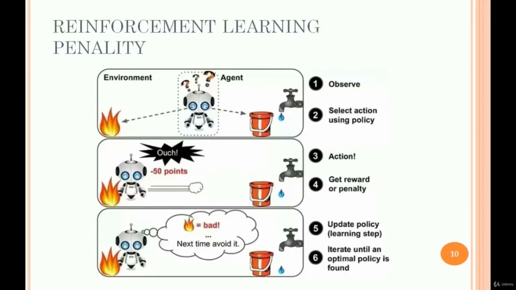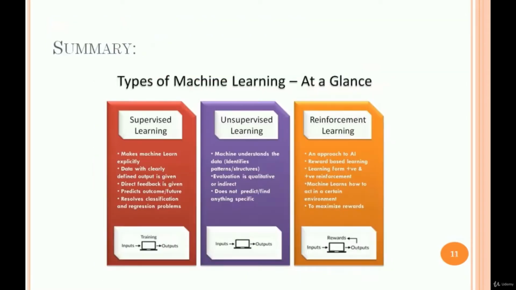In this example, here we have a robot and computer has first analyzed the environment and it tried to touch the fire. For that, computer is penalized of -50 points. Now computer knows to avoid fire, so with reward and penalties mechanism, computer learns things on its own.